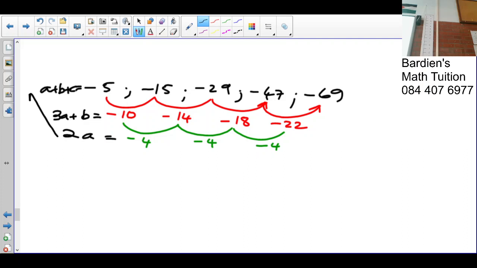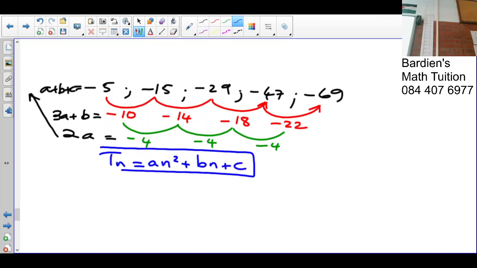We go from the bottom. You all agree with that? Okay. So we have Tn is equal to an squared plus bn plus c. This is the standard form of a quadratic pattern.